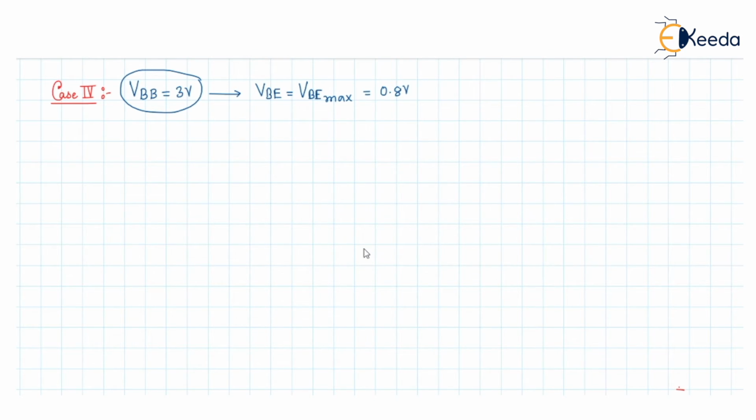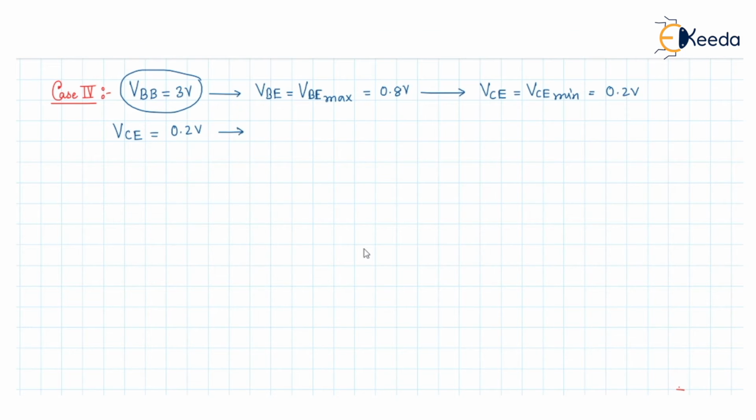So since VBE will be at maximum value, the collector to emitter voltage will be at a minimum value, that is VCE, because VCE decreases with the VBE increment. So the minimum voltage that can happen at the VCE is 0.2 volt. So we can say that the VCE value is equal to 0.2 volt.